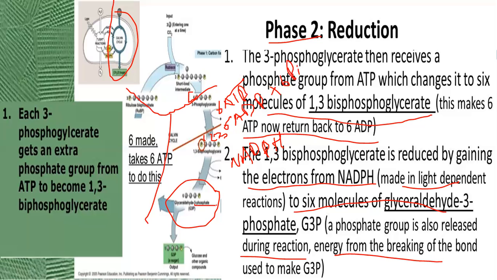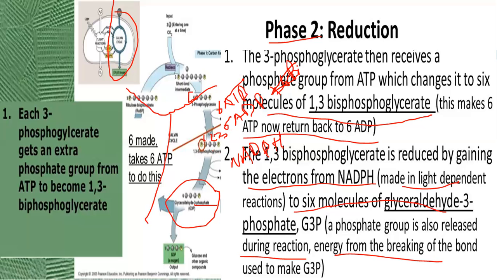So in this, a phosphate group is released. Actually, these 6 phosphates are not released here, sorry for that. These are bound with bisphosphoglycerate to make it 1,3-bisphosphoglycerate.